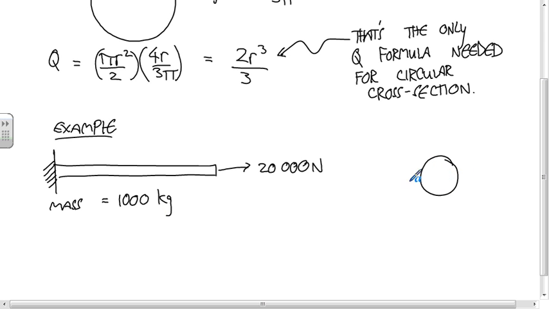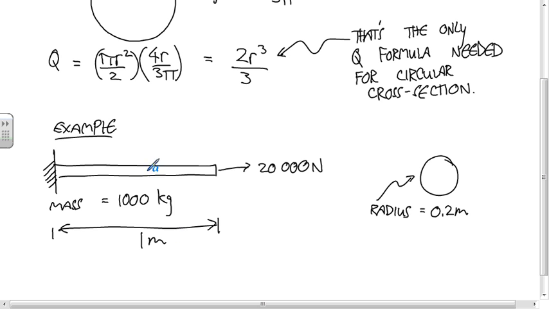And the cross section is circular with a radius of 0.2 meters. Let's say that this whole length is 1 meter.